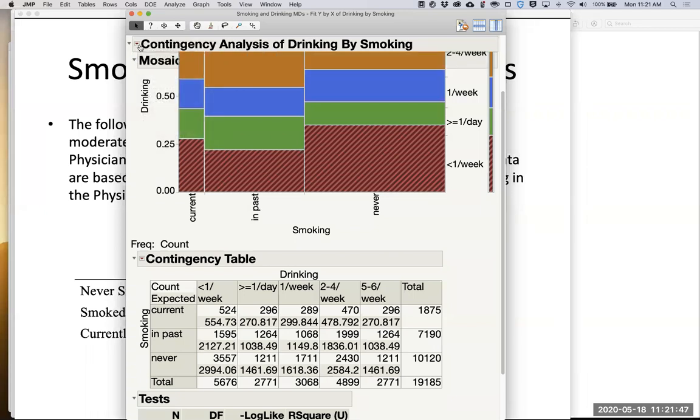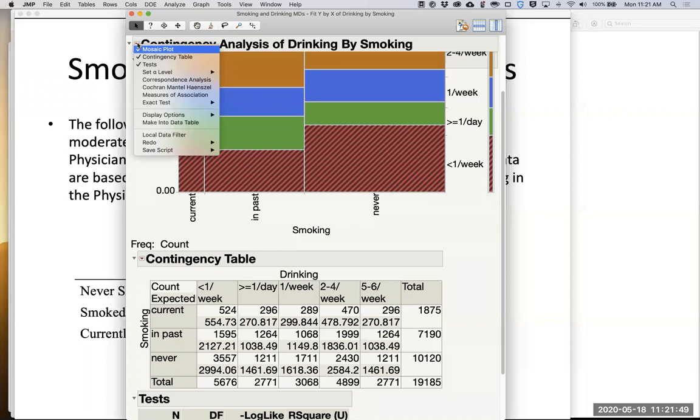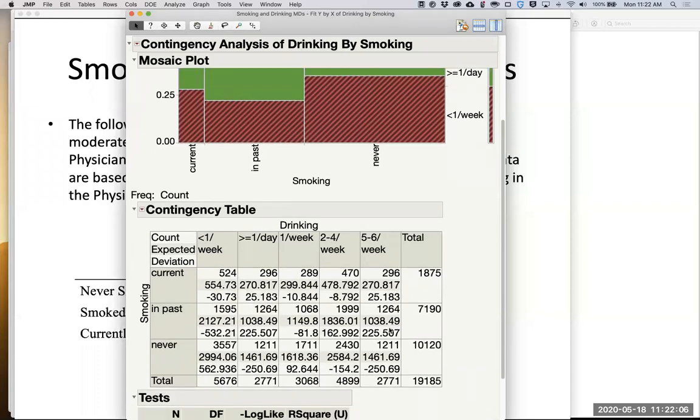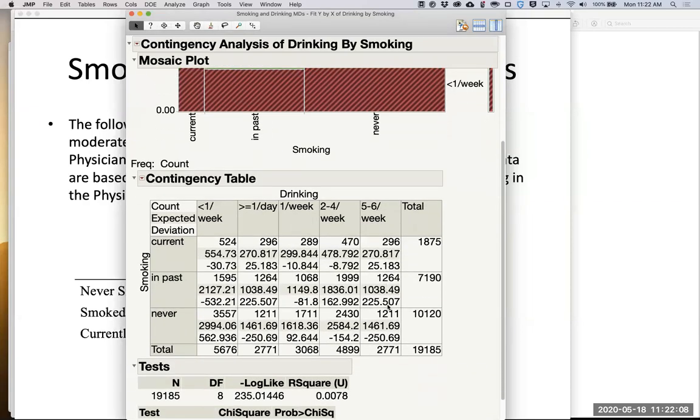In my contingency table down here, I could display not just the expected counts, but what are sometimes called the deviations. Where are those differences? These deviations are sometimes called the unstandardized residuals as well.